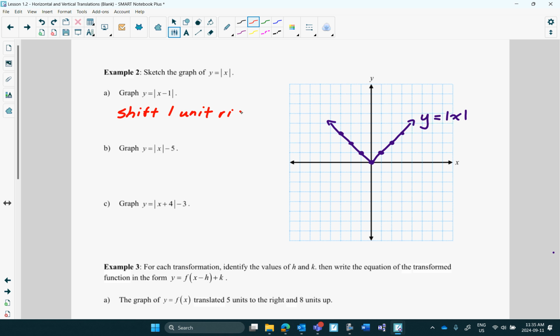What are we shifting 1 unit right? We're shifting the absolute value of x 1 unit right. So take every point and it looks like this. And this is y equals the absolute value of x minus 1.